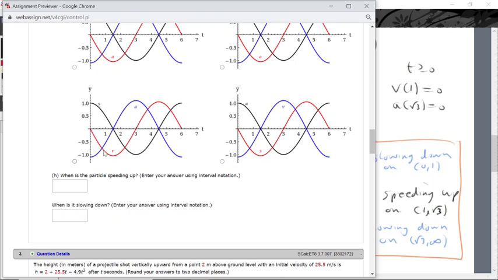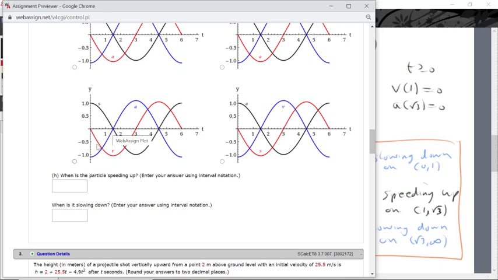Meanwhile, the acceleration is negative, not from 0 to 3, but from about 0 to 1.5. So the velocity and acceleration are both negative from 0 to 1.5, and since both of them are the same sign, the particle would be speeding up from 0 to 1.5.